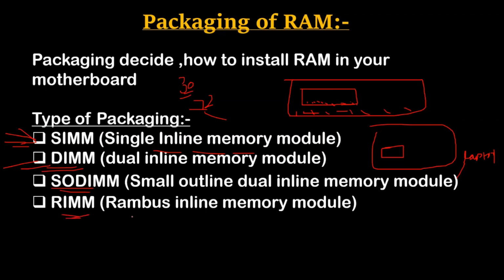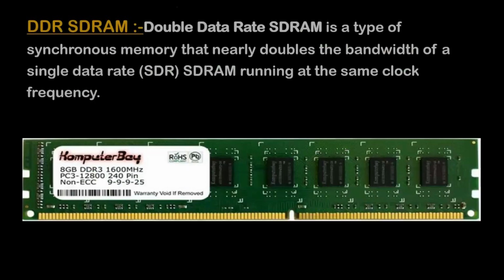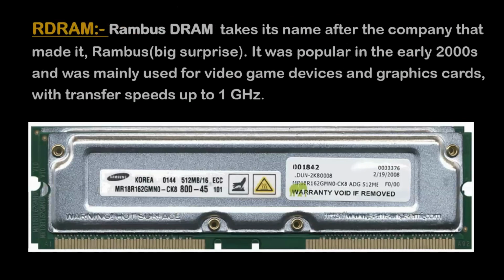If you want to insert Rambus type RAM, meaning RDRAM, there, for that we have to use this RIMM packaging, because there is a difference in the RAM. Here you can see RDRAM. In RDRAM, we have two notches available. That is called a notch.